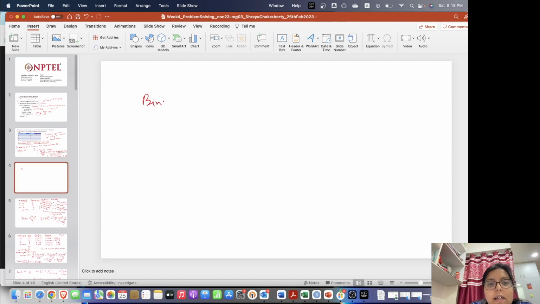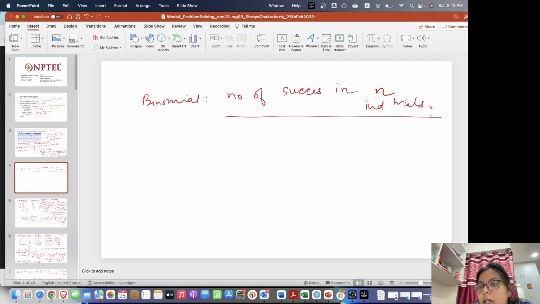If you want to model the number of successes in n independent trials, this will be a binomial distribution. Out of n, how many heads are you getting, if p is the probability of getting a head.